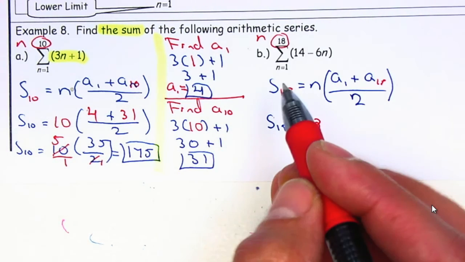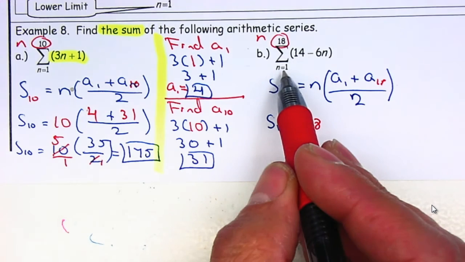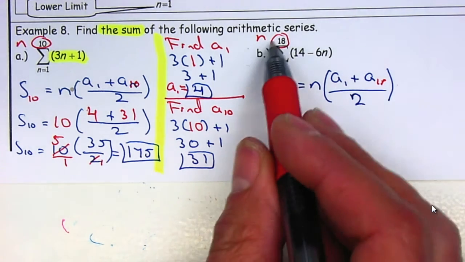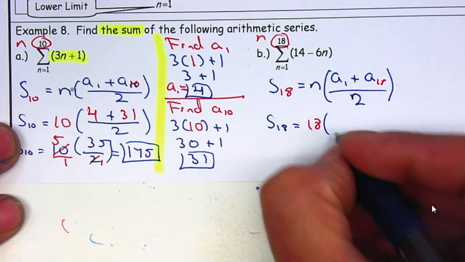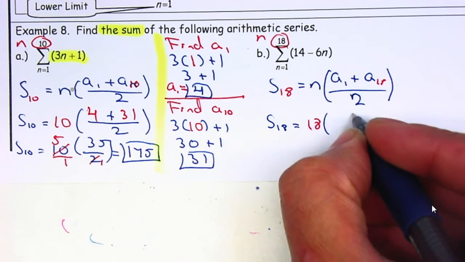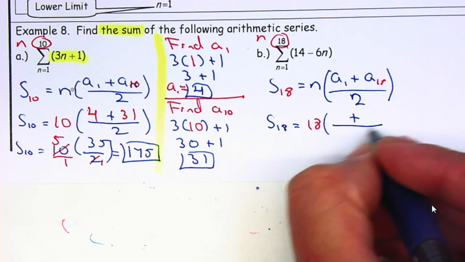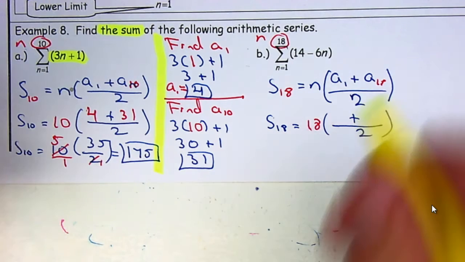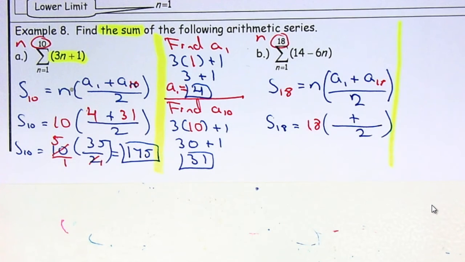Some of you are getting confused with the 1. This is one number you start with, and this is one number you end up with. So n is 18. We look for the first number, we don't have it. The last number, we don't have it, divided by 2. So I need to be able to find the first and last number. But it's an easy process.